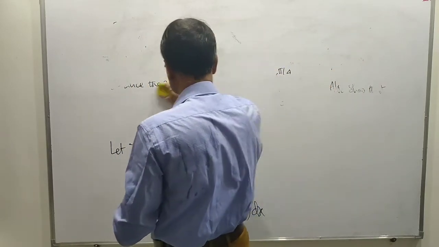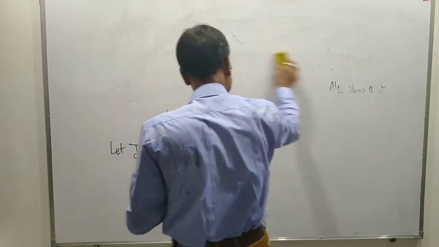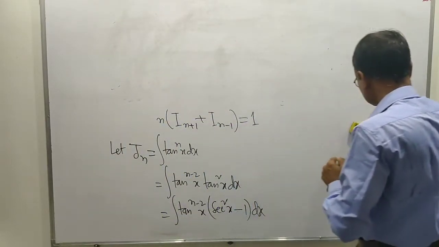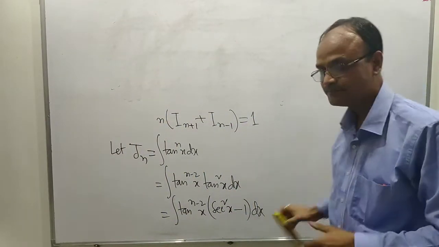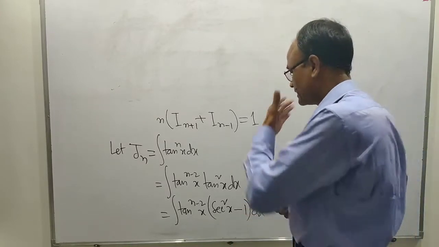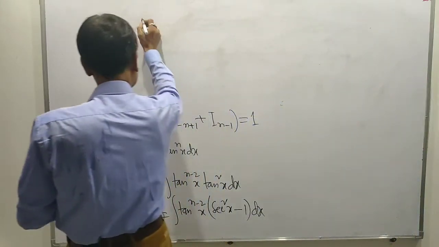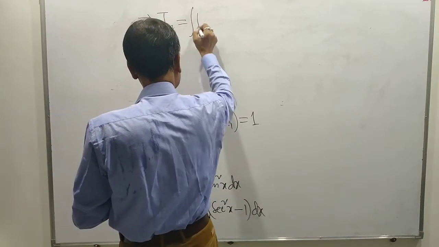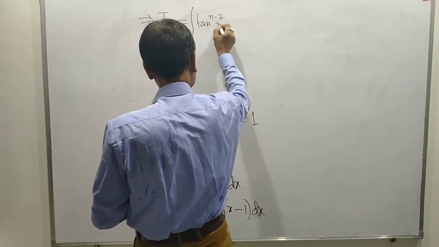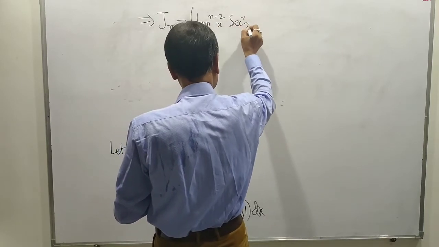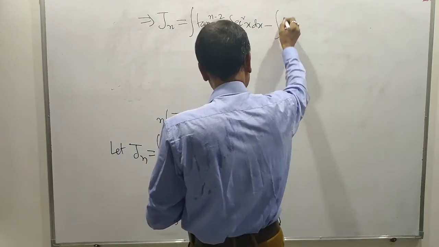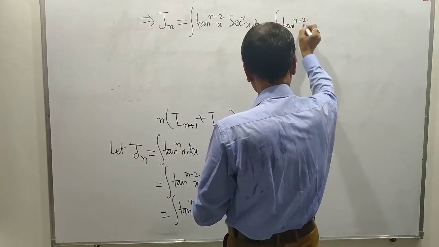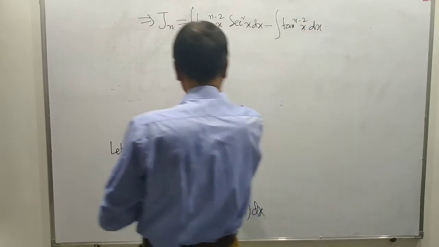This means J_n equals integration tan to the power n minus 2x into sec square x dx minus integration tan to the power n minus 2x dx.